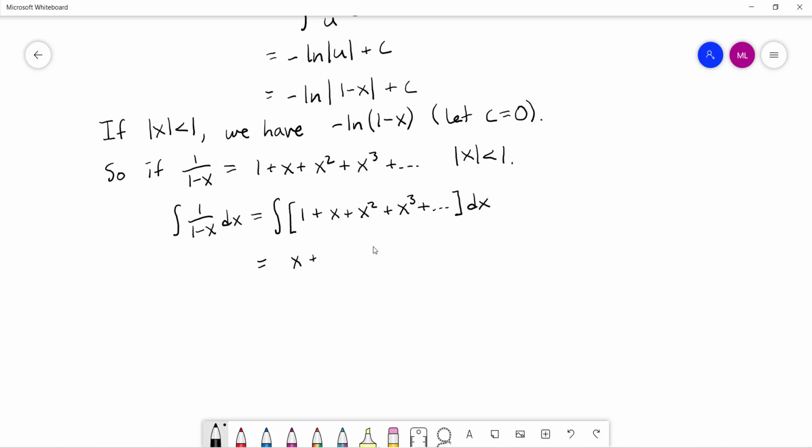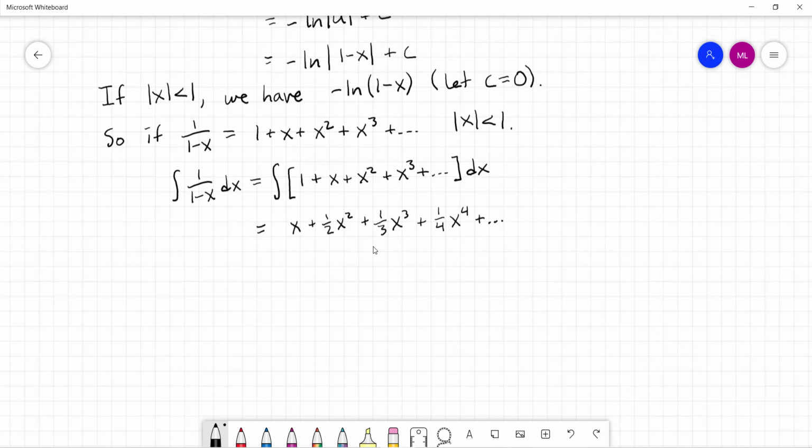The integral of the x will be a 1/2 x squared. The x squared will be a 1/3 x cubed. The x cubed will become a 1/4 x to the 4th plus dot dot dot. So that's actually carrying out that integration.